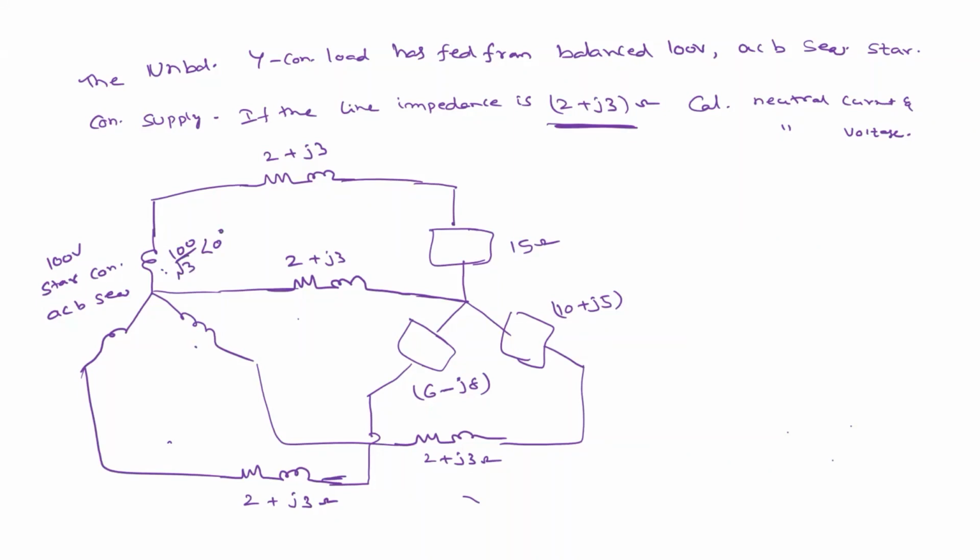Come to here. What is the angle here? 120. So this is ACB sequence, right? Plus 120 here, so 100 by root 3 at minus 120 degrees.